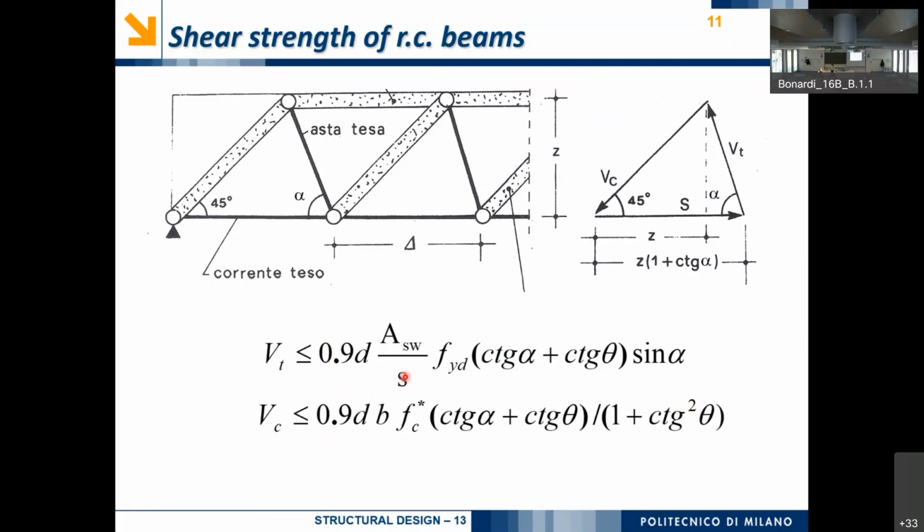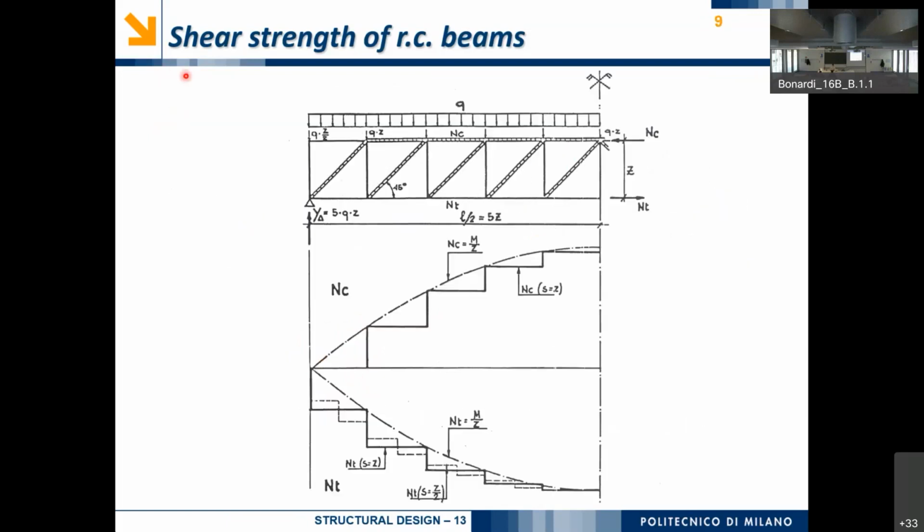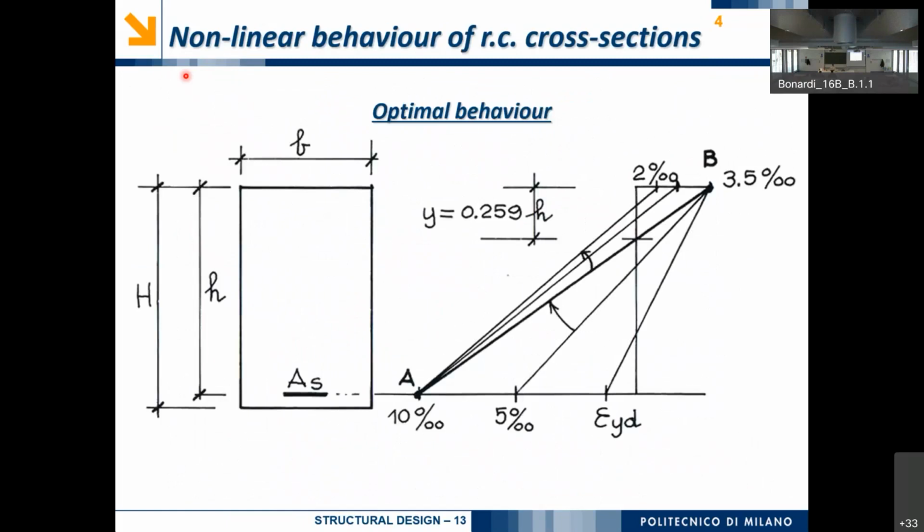It is very straightforward to get to these equations, but it is quite tedious, so I don't want to go into details. Just notice that here we have 0.9d, which, as I said before, is what I was calling the effective length, and d is the distance between, let's come back, yeah. In this slide, it is called H. d is the depth from the top fibers to the level of the reinforcement.